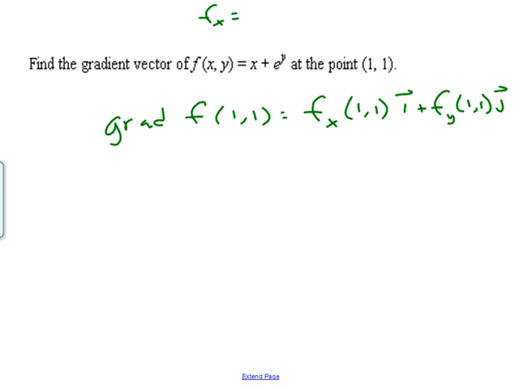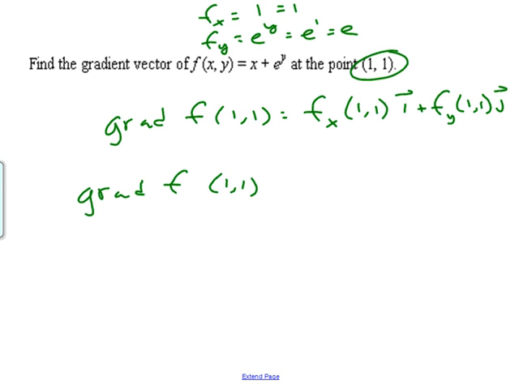The partial derivative with respect to x is 1, and with respect to y is e^y. If we evaluate both of these at the point (1, 1), this stays 1. This becomes e^1, which is just e. So therefore, grad f at (1, 1) equals 1i plus ej.